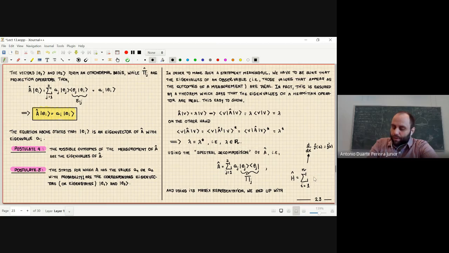You write the eigenvalues, let me call them lambda_i, times the eigenvectors, let me call them small h_i. So this is the spectral decomposition of the operator H hat using the basis of eigenvectors and eigenvalues of H. Is that clear, Grace?